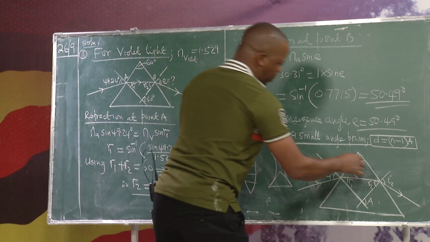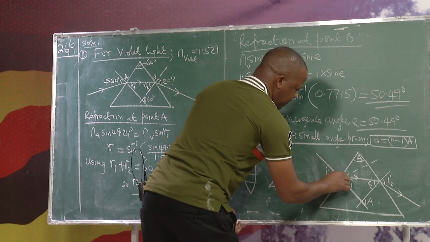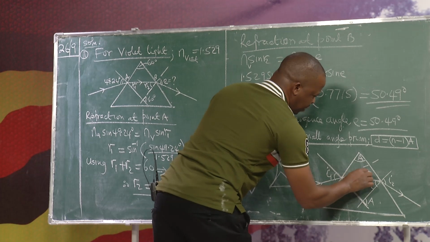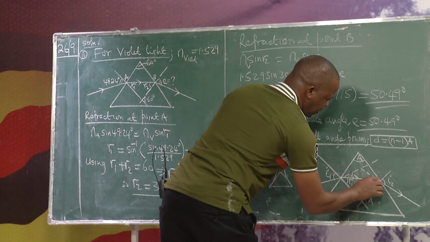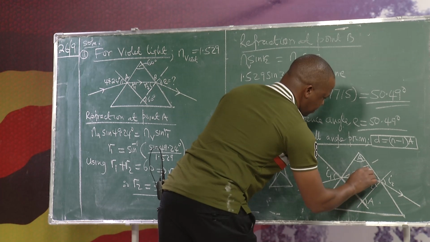we know that when we extrapolate this, the deviation here is d1, and when we extrapolate this, the deviation here is d2, and this is the total deviation.